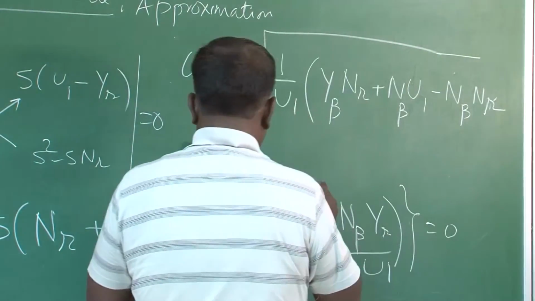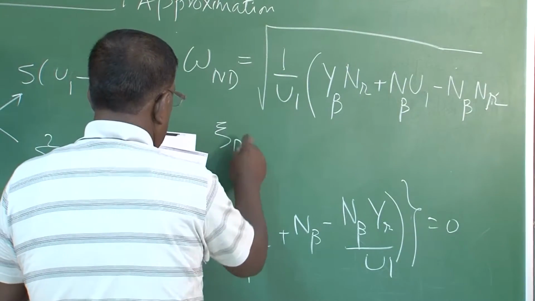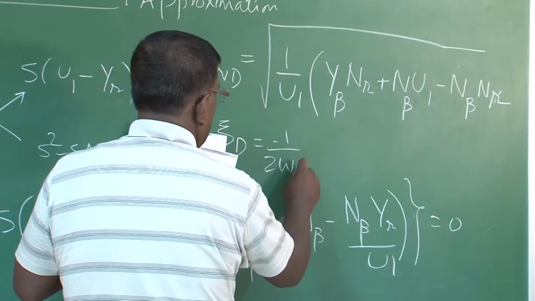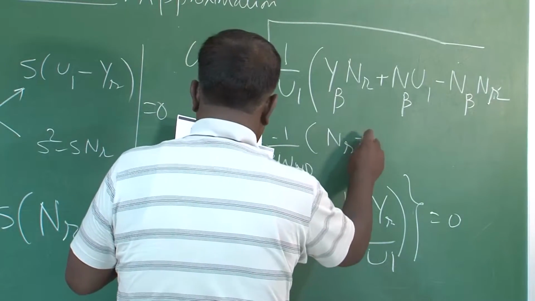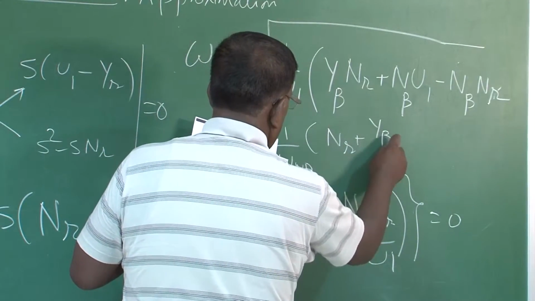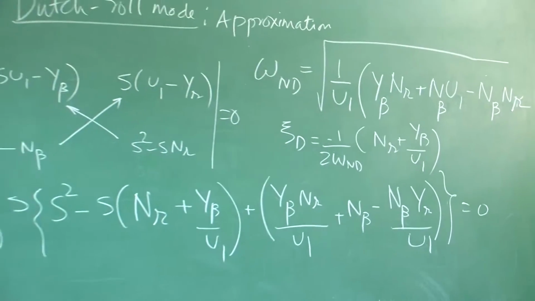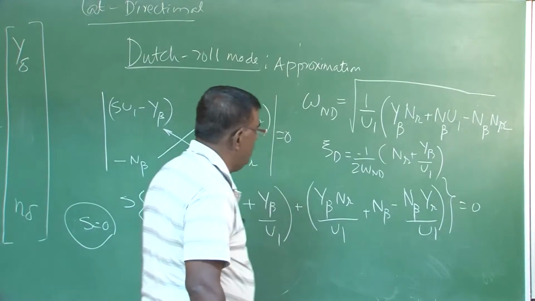Right? And zeta Dutch roll as minus 1 by 2 omega nD into NR plus Y beta by U1. This you can directly find out from here because this is nothing but your omega n squared.